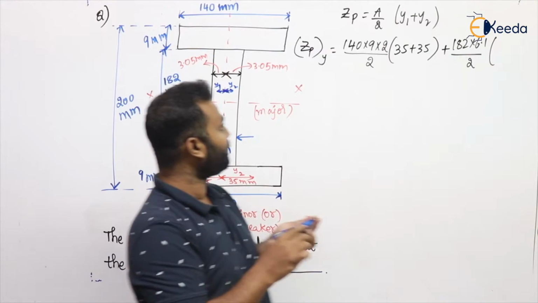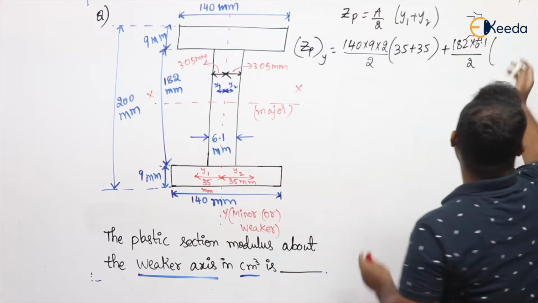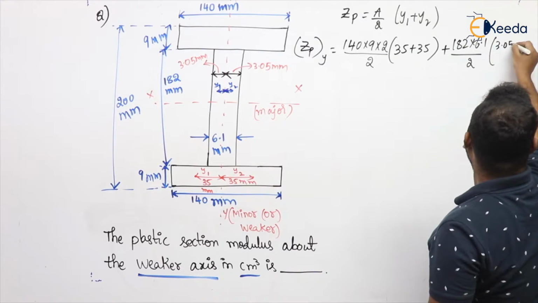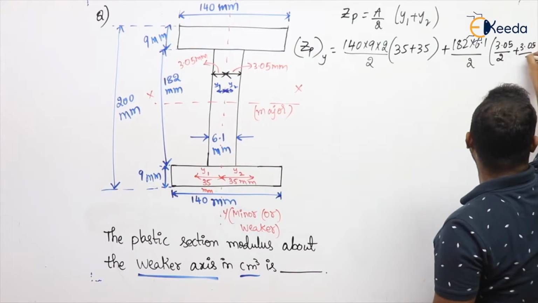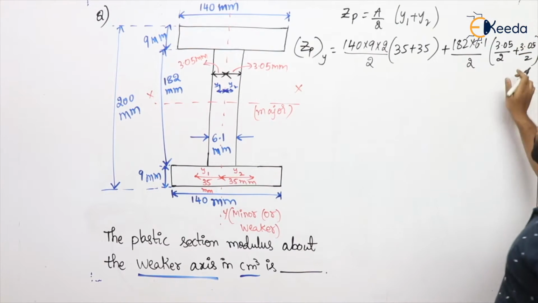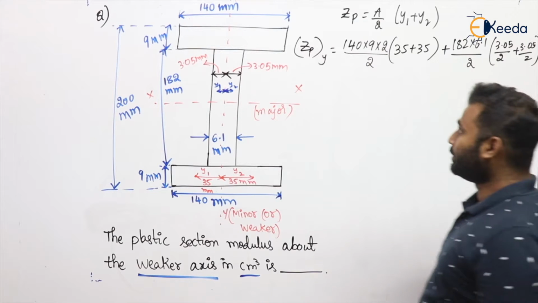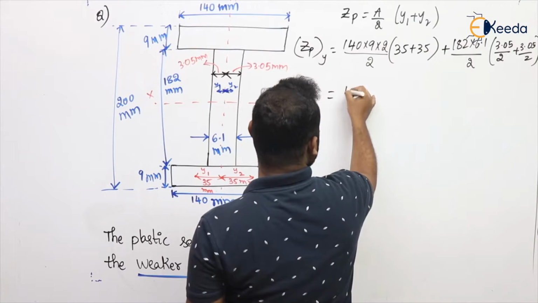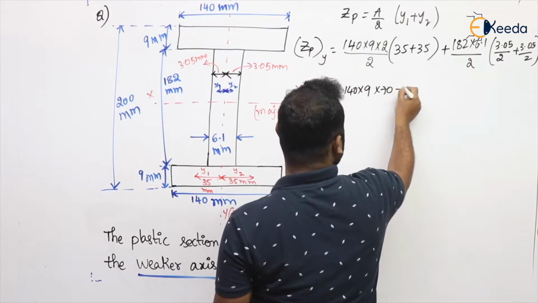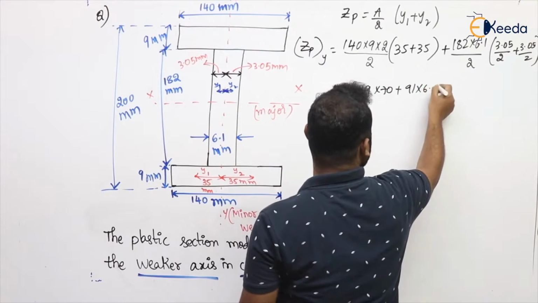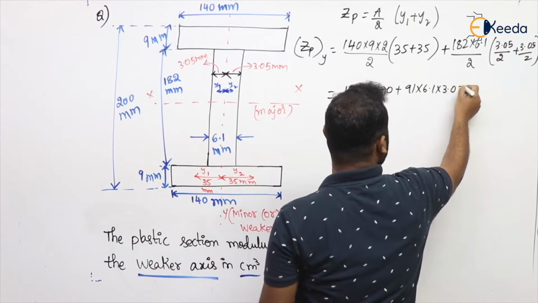Now 3.05 by 2 plus 3.05 by 2, summing these two we get again 3.05. So now finally 140 into 9 into 70 plus 91 into 6.1 into 3.05.